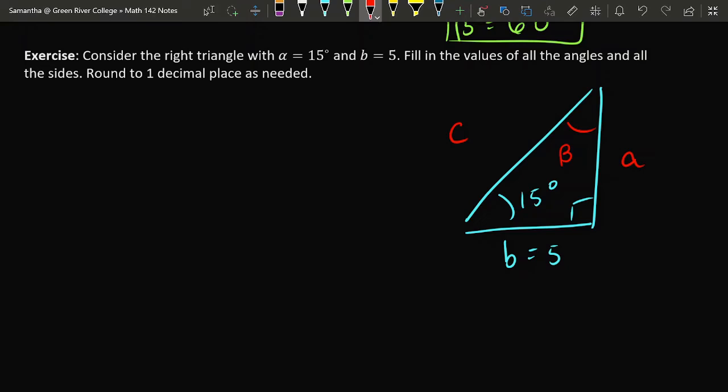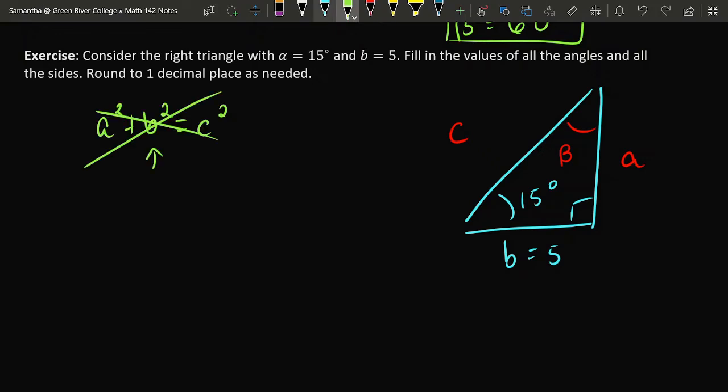Okay, now there are lots of different ways to get started on this problem, but no matter what, you need to start by using some formula where you can fill in all but one of the unknowns in the equation.